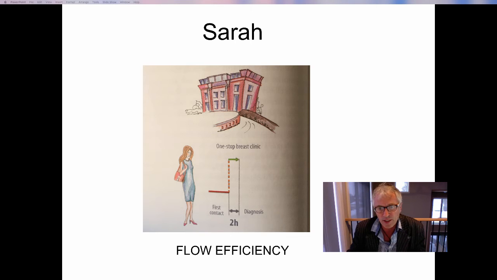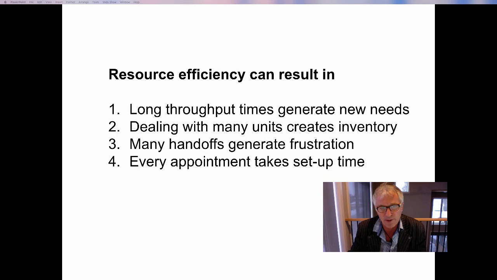So there's two very distinct differences between the way we used to think of efficiency as being efficient with resource, as opposed to focusing on the customer and doing everything to keep her happy and work flowing for her benefit.